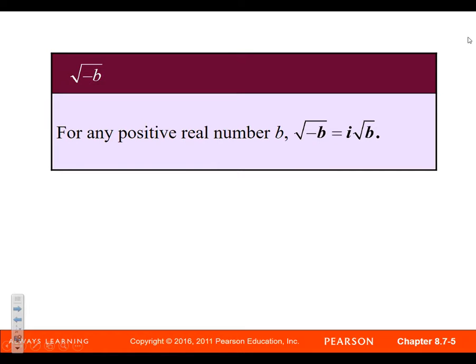So here's one of the rules. For any positive real number b, you can write the square root of -b as i radical b.